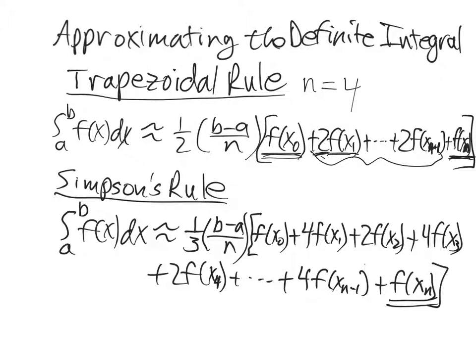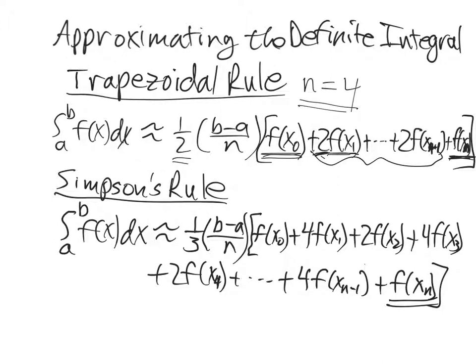So again, if you have a lot of calculations to do, you'll see several of these patterns repeated. Like I said, we'll probably just limit it to n equal 4 or somewhere around there. So you're not going to see a whole bunch of terms for Simpson's rule. But those you will need to learn, or at least get an idea.